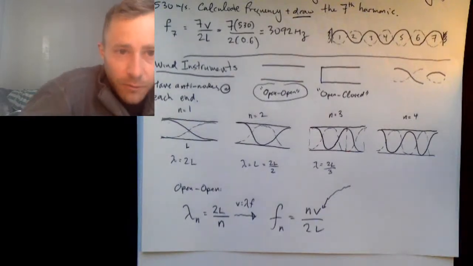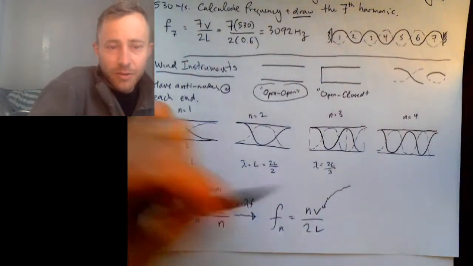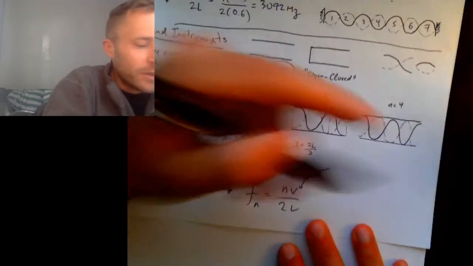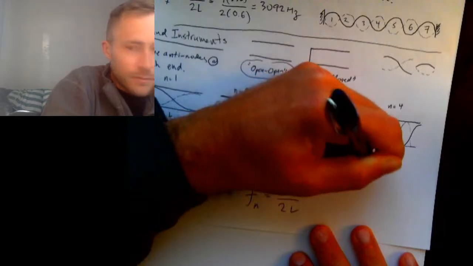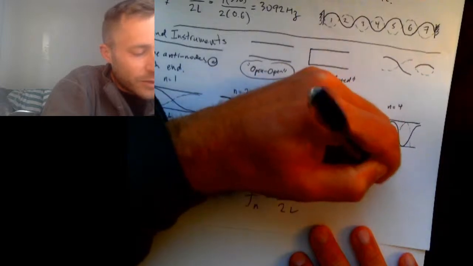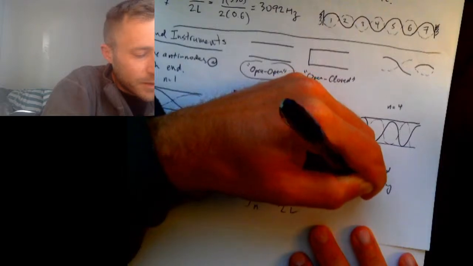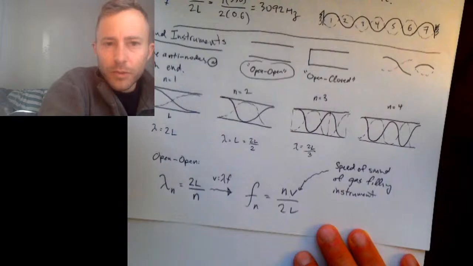The air itself is vibrating. So v is the speed of the medium that is doing the vibrating. Instead of being the speed of a wave on a string, like for a closed instrument, this is going to be the speed of sound of the gas that is filling the instrument, which is probably air.